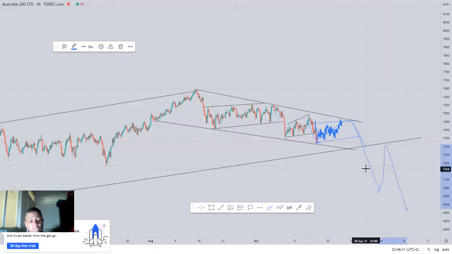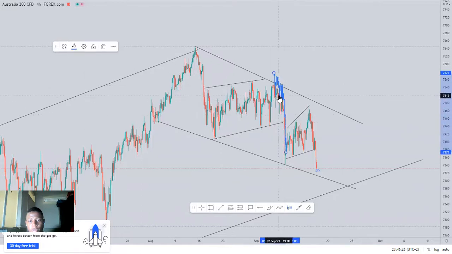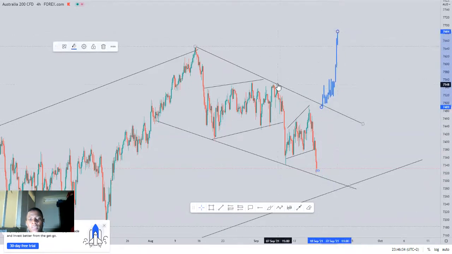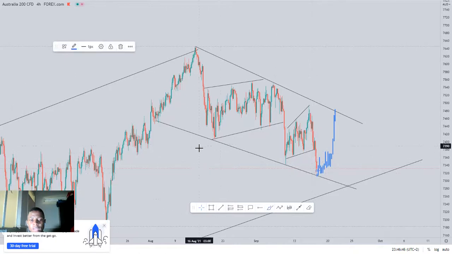But if it moves not correctively but impulsively, I'll copy the most recent impulsive move, which is this one. Since this one is bearish, make this one full. So if it moves impulsively, we'll be looking at something like this, and on the daily it will be an engulfing candle.